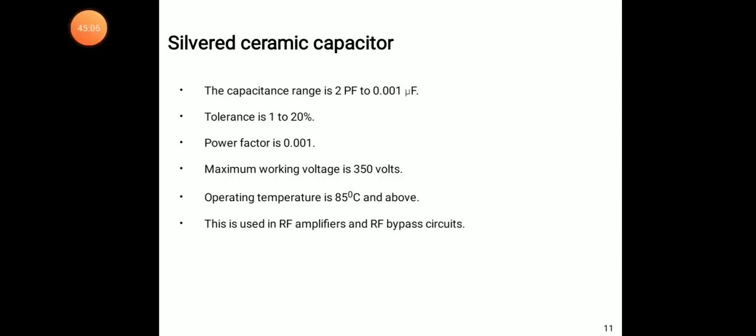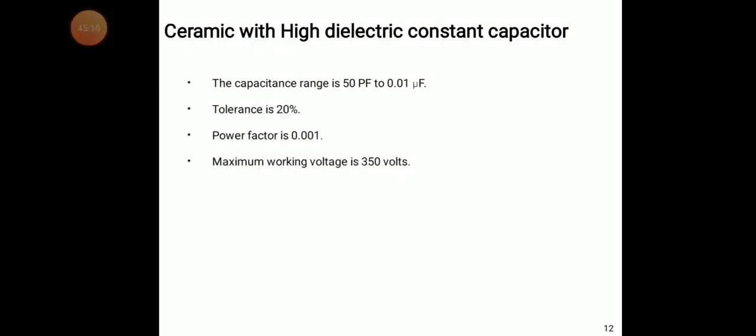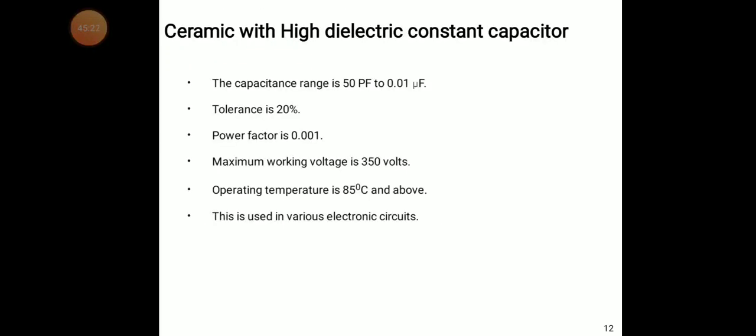The next one is the ceramic with high dielectric constant capacitor. This type of capacitor has a capacitance range of 50 picofarad to 0.01 microfarad. The tolerance is 20 percent.